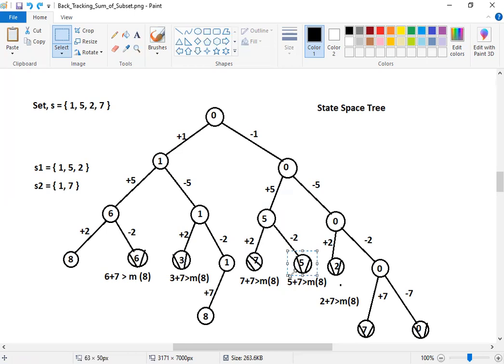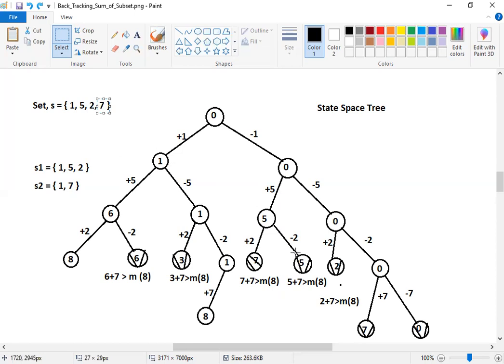By this time, you might have noticed that whenever we are not including the values, we are representing it by the negative sign. At the same time, the right child node value is going to be the same as its parent. Now I did not include 2. The next number in the list is 7.